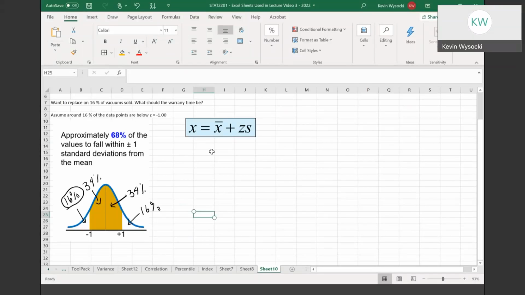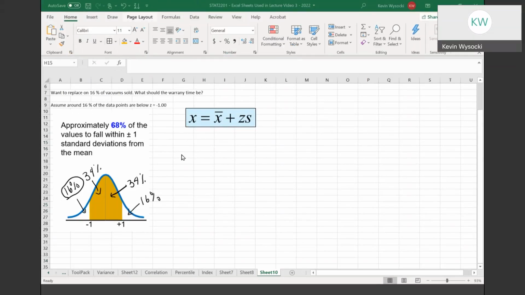So if the company's trying to decide on a warranty time, we'll calculate this score. So X equals the average, which was 10, plus a z-score of -1 times the standard deviation of 2.